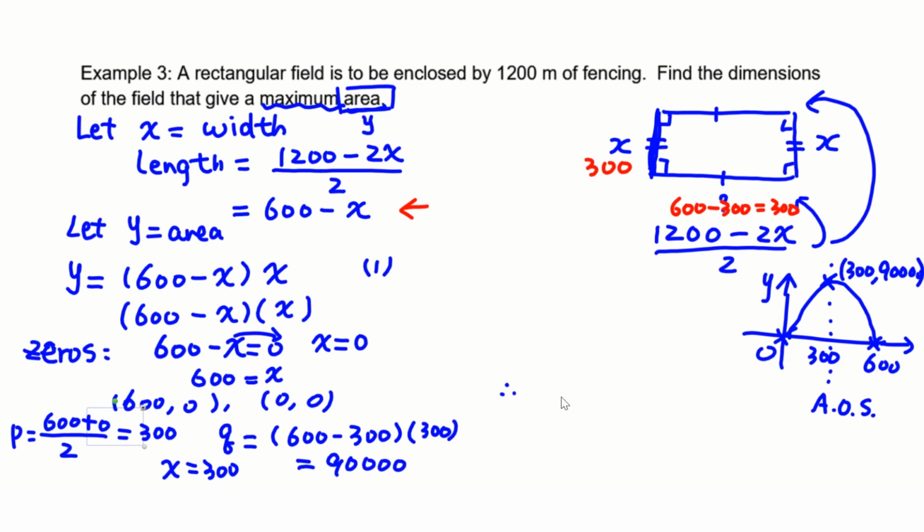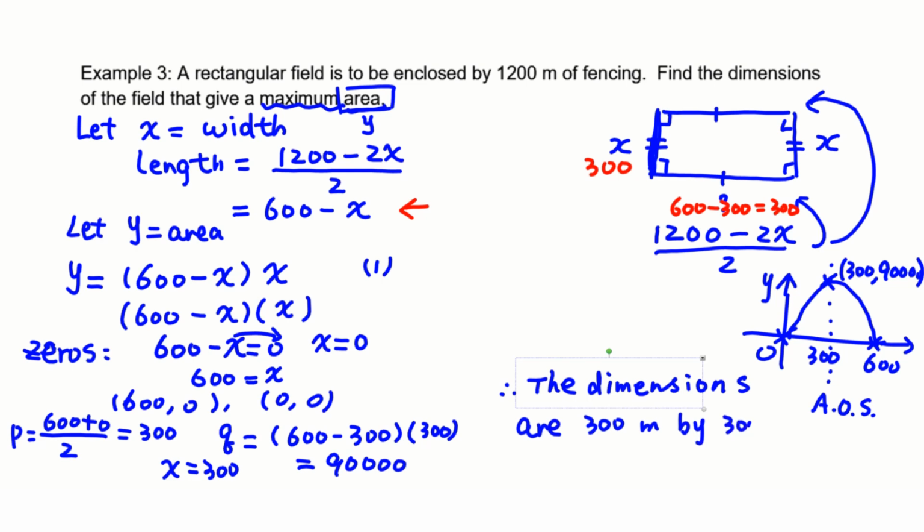So the statement will be: the dimensions are 300 meters by 300 meters. That will give the maximum area.